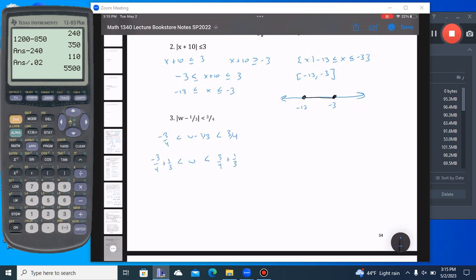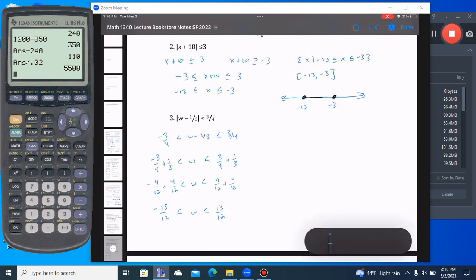Okay, so let's find a common denominator here. It's going to be negative 9/12 plus 4/12 less than w, which is less than 9/12 plus 4/12.